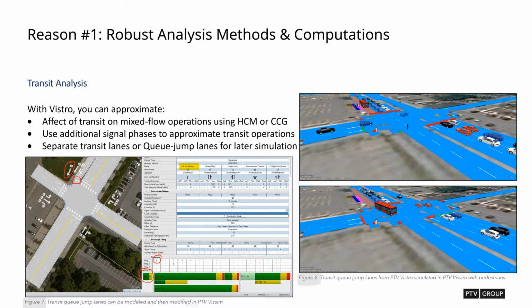While there might be certain things that can only be analyzed outside or beyond HCM, Vistro allows you to create those model codings as shown in these screenshots that can then be utilized later for simulation in VSIM. And so here's one with a separate bus priority queue jump.